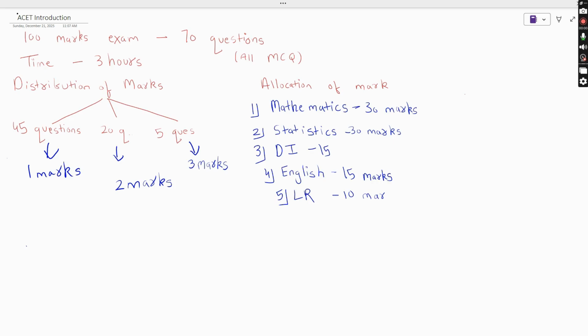The other 3 sections carry a weightage of 40 marks. English and LR are generally considered easy, so securing marks in them is less difficult. DI is considered somewhat difficult, because the questions we face in data interpretation are things we have not faced till 11th and 12th standard, like analysis type of things.